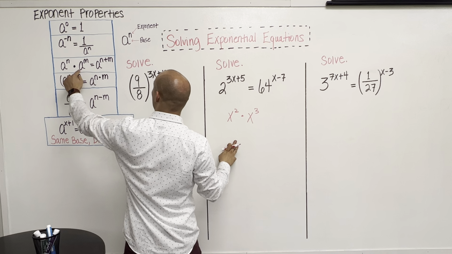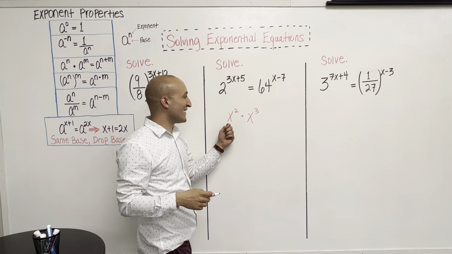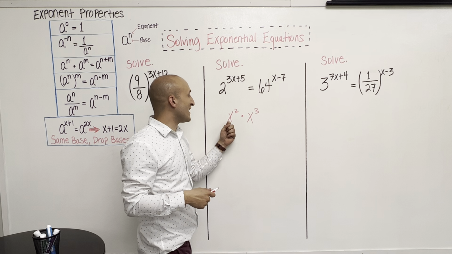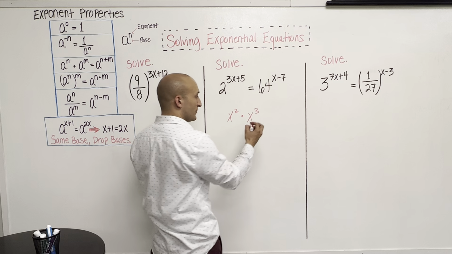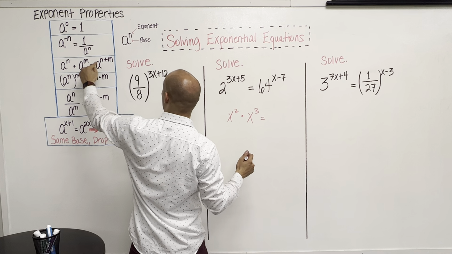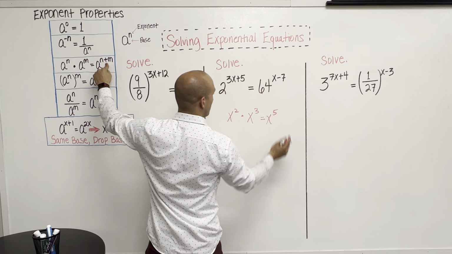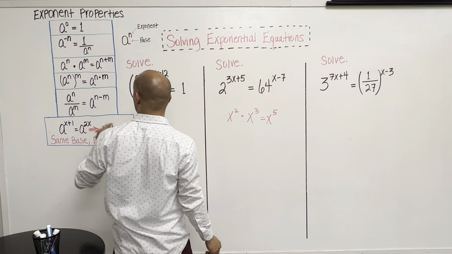But notice a and a, they're the same. That's very important because the base must be the same for us to combine. So if I'm multiplying, I will add my exponents. So I would get x raised to the 5th power.